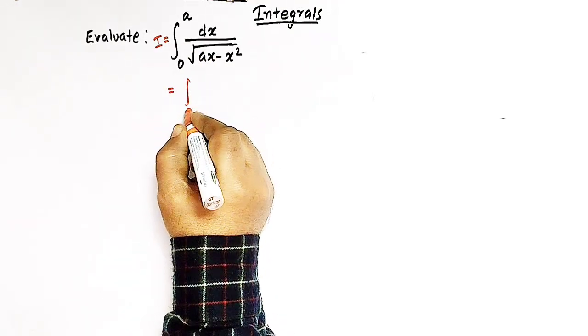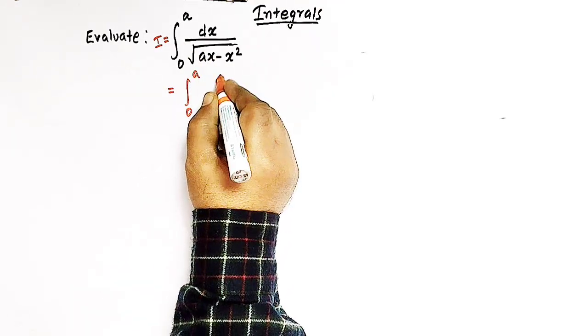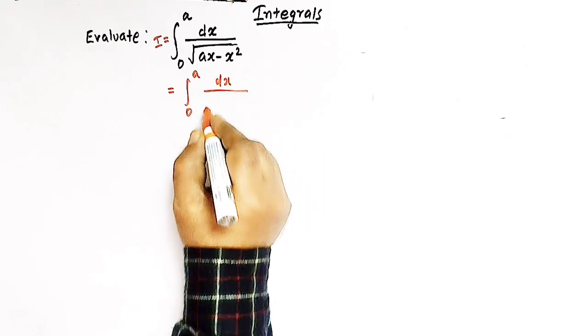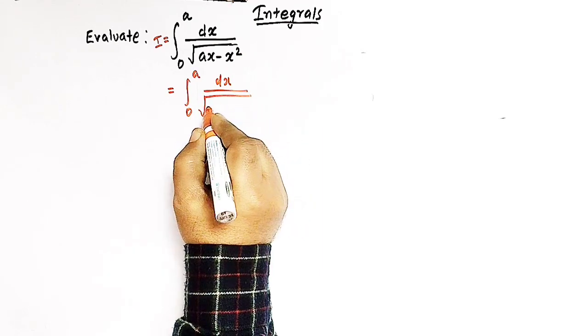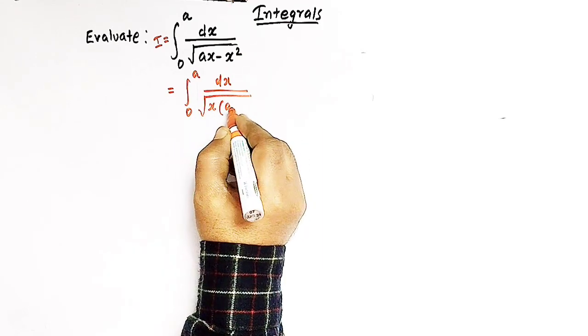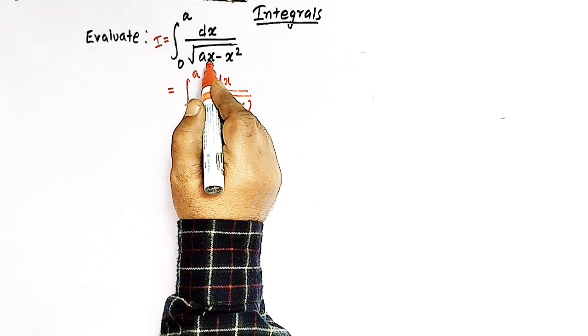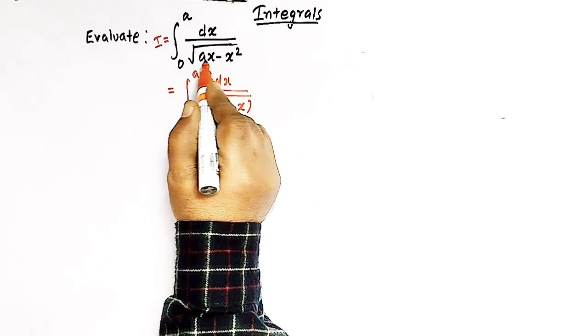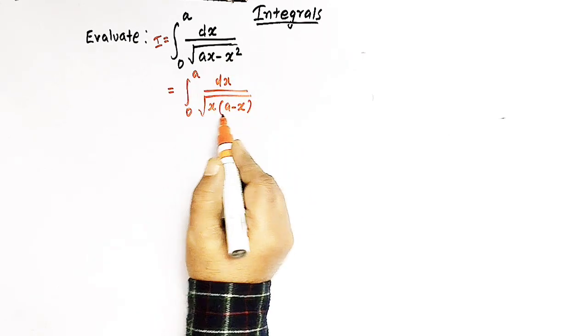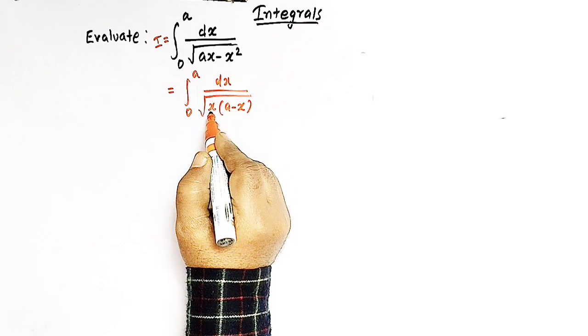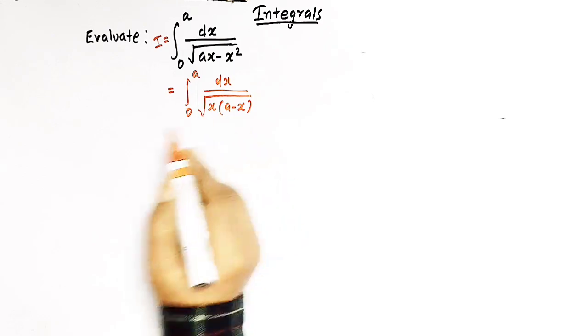Now see, we can also write this integral as square root of x times (a minus x). So taking x common from ax and x squared, we can now write square root of x times (a minus x).